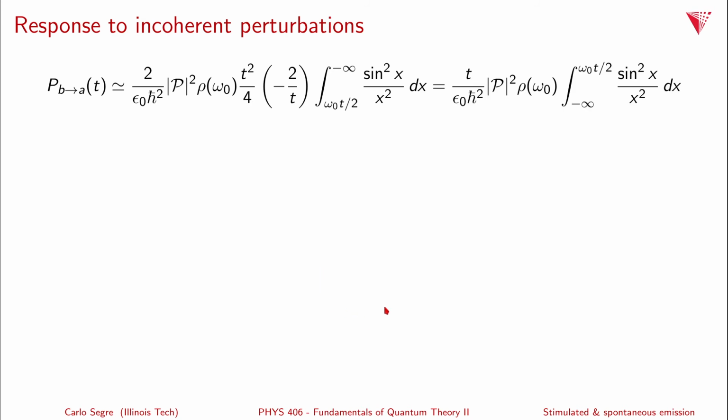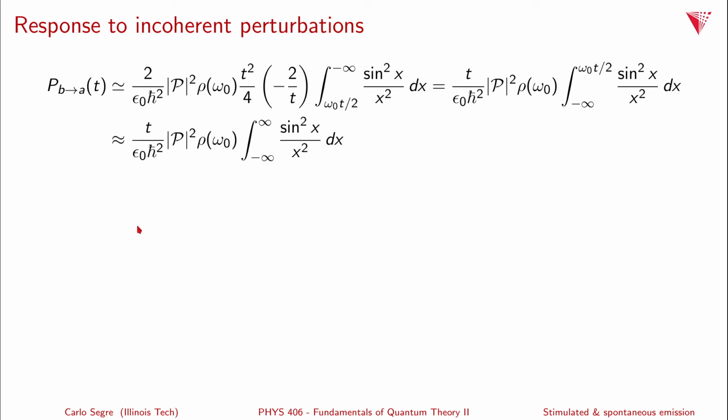Well, this integral we can simplify by gathering all these terms and putting them together, and we get t over epsilon naught h bar squared, polarization squared times rho of omega 0. And now we've flipped the integration limits from minus infinity to omega 0 t over 2. That got rid of the minus sign that we had here. And then we have the integral of sine squared x over x squared dx.